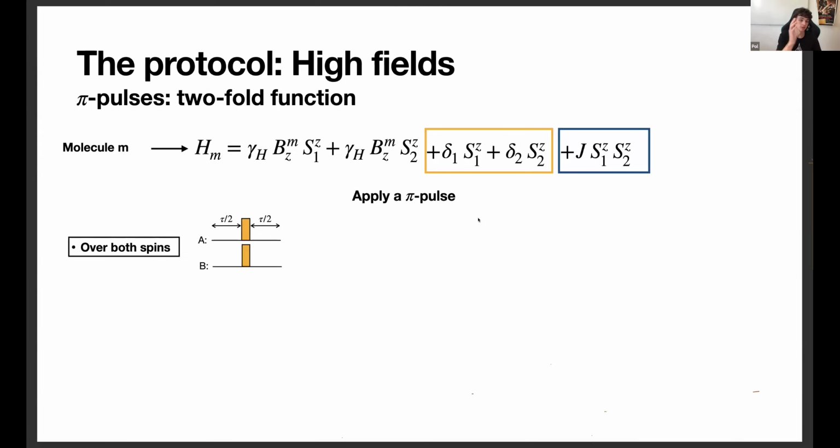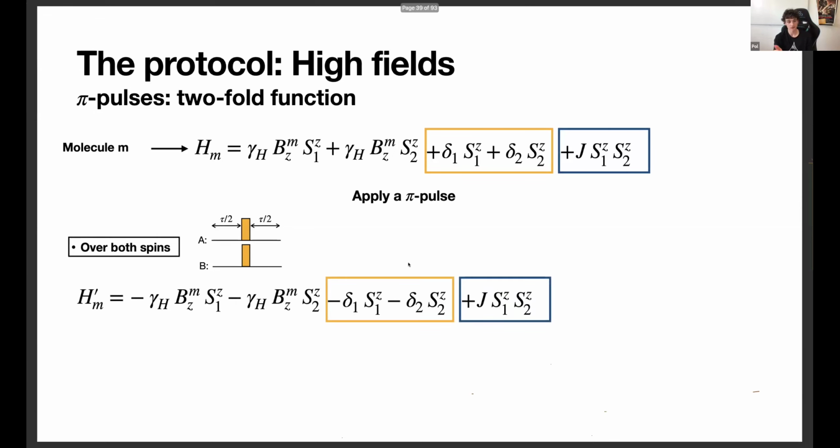Imagine that I have 2 spins, and I apply a pi pulse over both of them, applying a sequence like this one. This is called the Hahn echo sequence, or echo sequence. So I let the system evolve freely for a period, then I apply a pi pulse over both spins, and I let it evolve again freely.